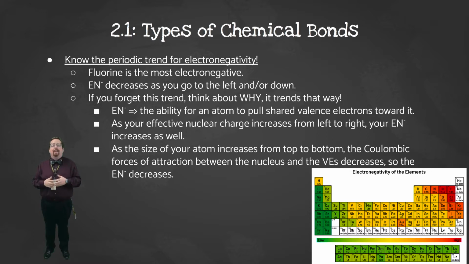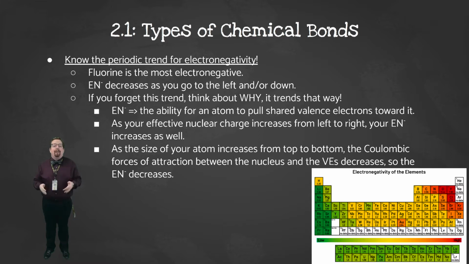The trend for electronegativity is explained in the same way that you might explain ionization energy. As you move from left to right on the periodic table, you increase the effective nuclear charge of the atom, which pulls harder on the valence electrons. If the nucleus is able to attract the valence electrons with a greater force, then it has a higher electronegativity.